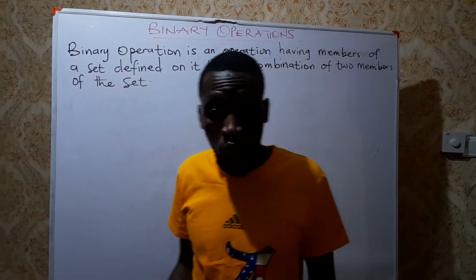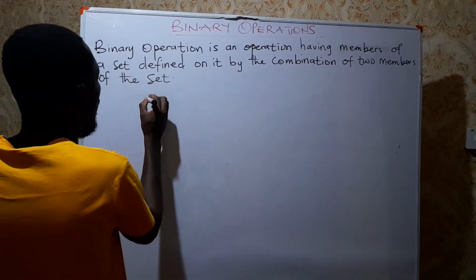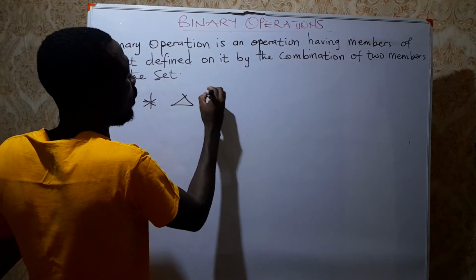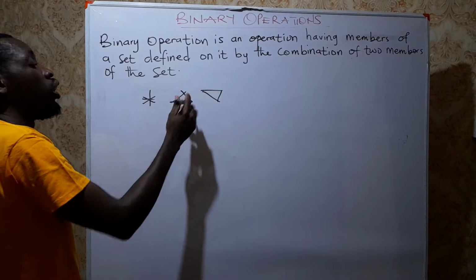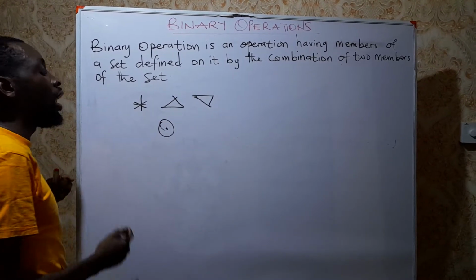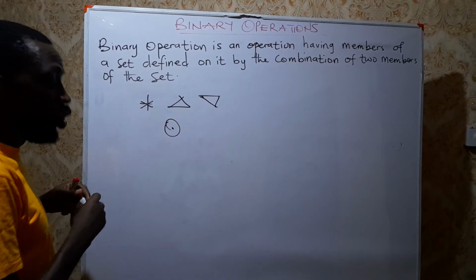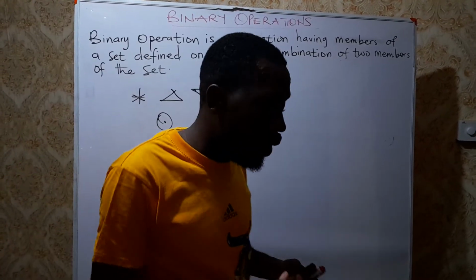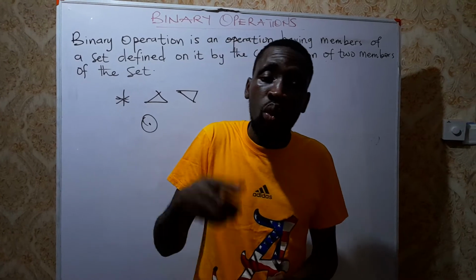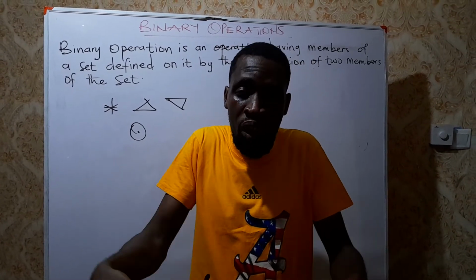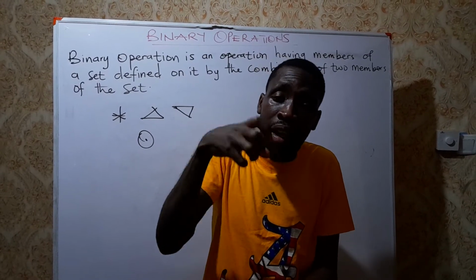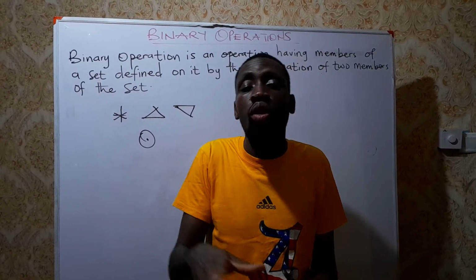The operations that we commonly use include star, delta, this delta turned upside down, which people refer to as nabla, as well as this, and any other operation. So now, when a binary operation is defined on a particular set of real numbers, and we are asked to evaluate a member of real numbers by two members of that set of real numbers, how do we solve that?